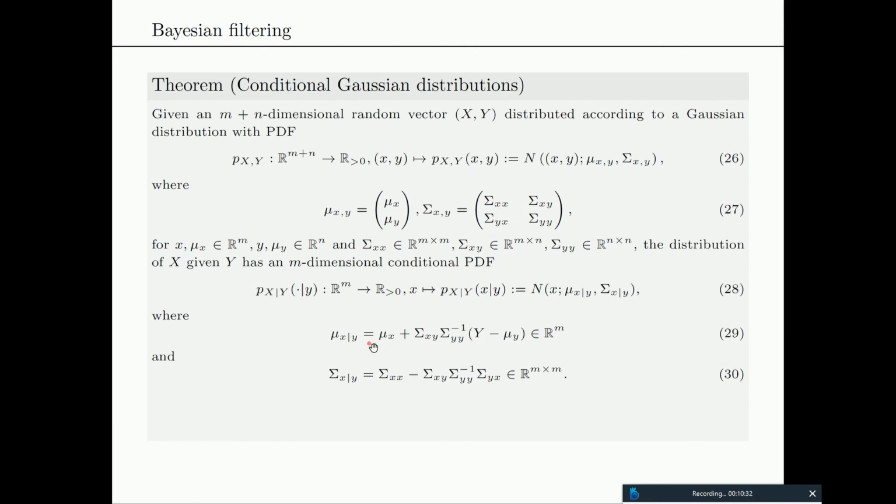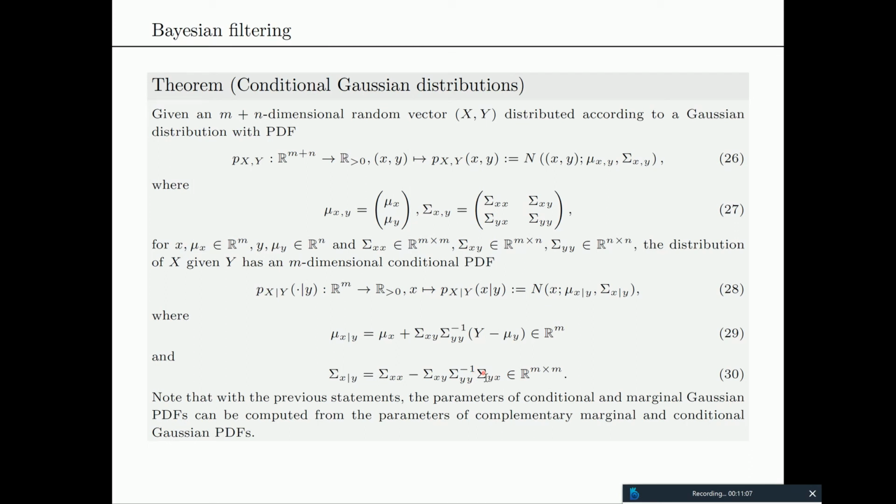But you can do more, namely compute the parameters of the conditional distribution of x given y, again based on these parameters of the joint distribution according to these formulas. So you look at how far y is away from its expectation, and you scale this with the y variance and the covariance, and use the prior mean in addition to that, and you get this expression for the posterior variance.